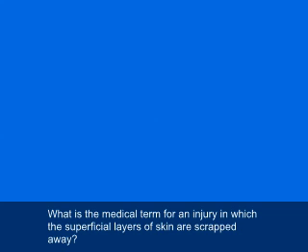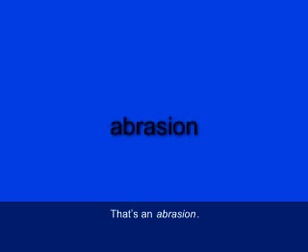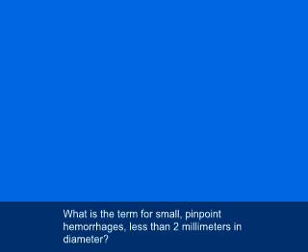What is the medical term for an injury in which the superficial layers of the skin are scraped away? That's an abrasion. What is the term for small pinpoint hemorrhages less than 2 millimeters in diameter?